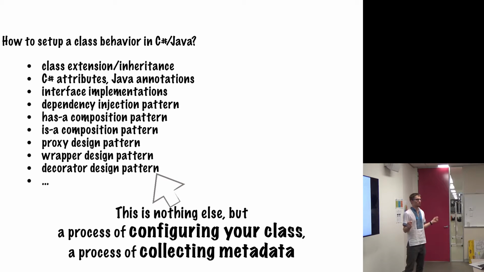Stop me if you're feeling confused, because your brain could already be overloaded by this time. We are using all these language features: extension, annotation, attributes, interfaces, and then lots of patterns like dependency injection, composition, proxy, wrapper, decorator. Most of the design patterns are like a way to set up your class.